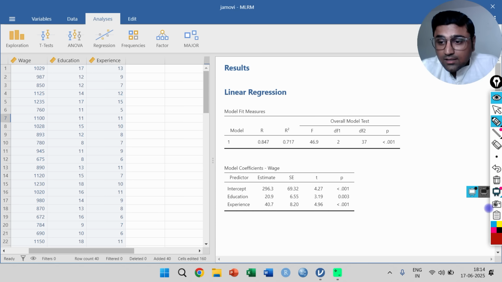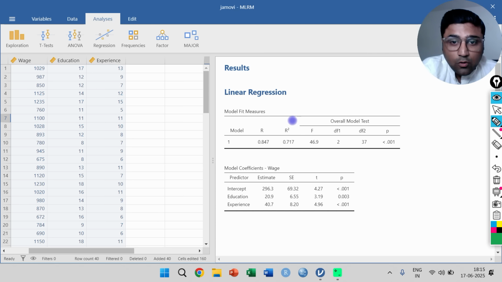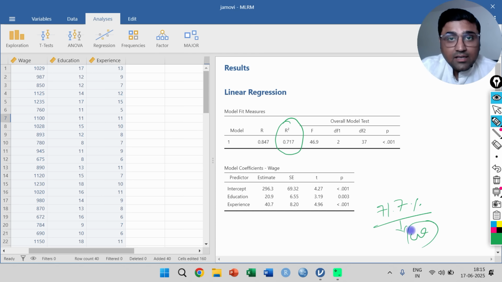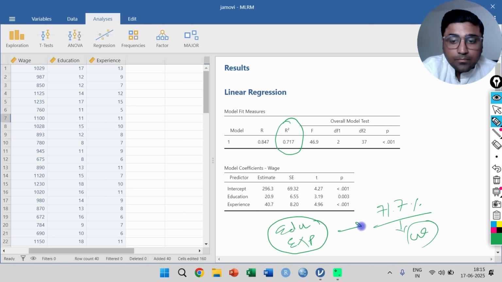Now we are going to see coefficient of determination. So here we have the value of R square, that is coefficient of determination. Then the value is 0.717, that means 71.7% variation in wage rate can be explained by our independent variables, that is education and experience.